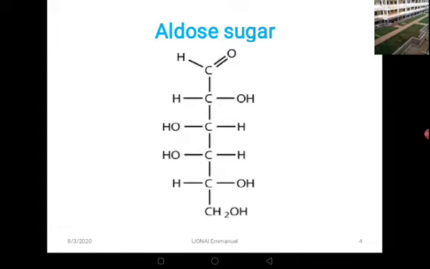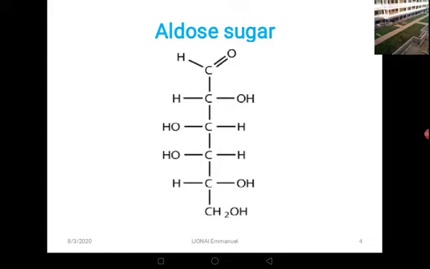And because it is a sugar, and sugars end with the suffix "ose," we call them aldose, from aldehyde and the suffix "ose" of sugars. So they become aldose sugar. It means a sugar that has an aldehyde functional group. So aldose sugar is that one there.